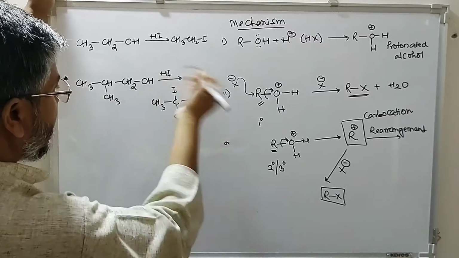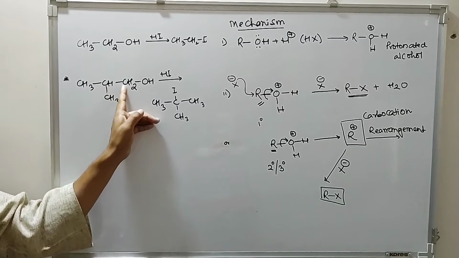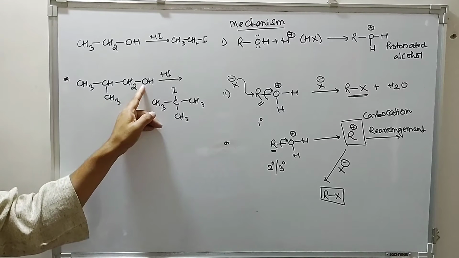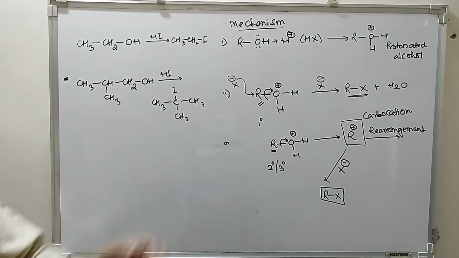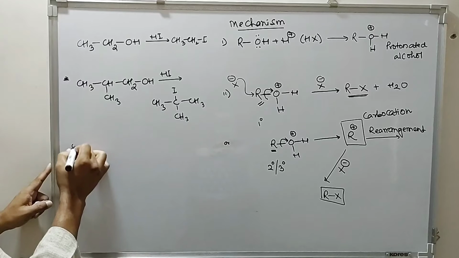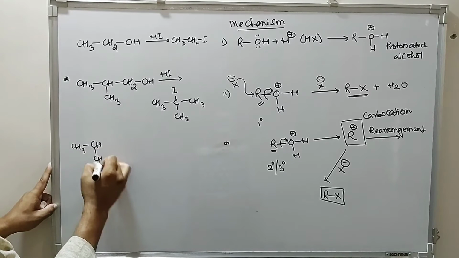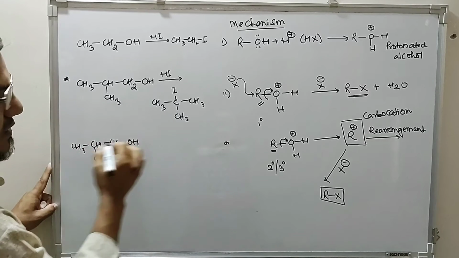If you look at it, this is a totally unexpected product. The OH was on this CH2 group. Now I minus should have been at this carbon, but it is attached to this carbon. So there is a change in carbon skeleton. If you look at this mechanism, we have CH3, CH, CH3, CH2OH.